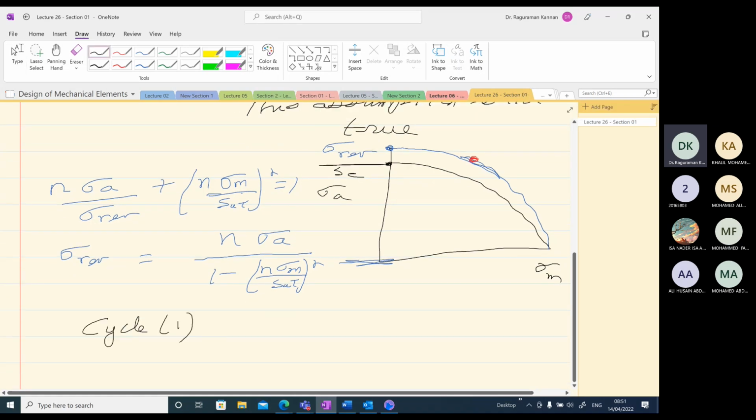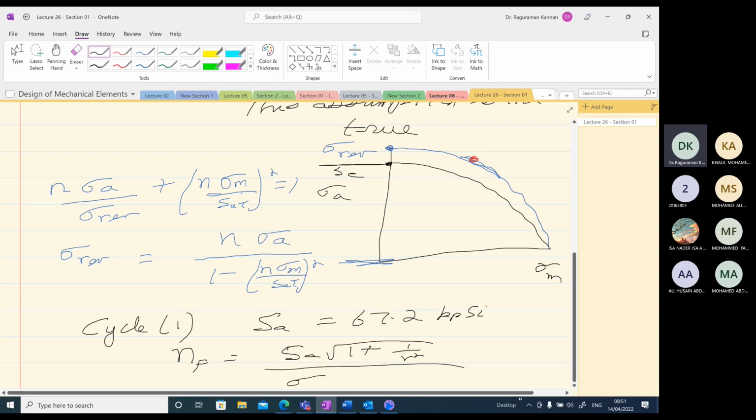Remember your graphical method, you will have in the numerator SA times 1 plus 1 over R square, over sigma A times the same 1 plus 1 over R square.